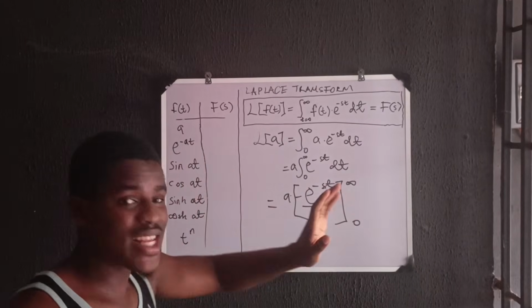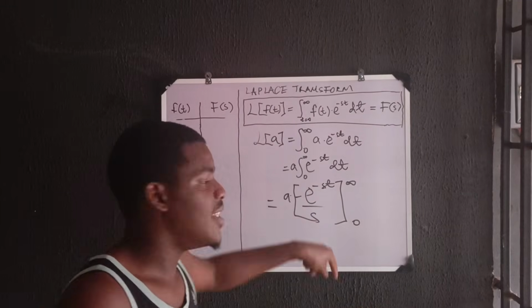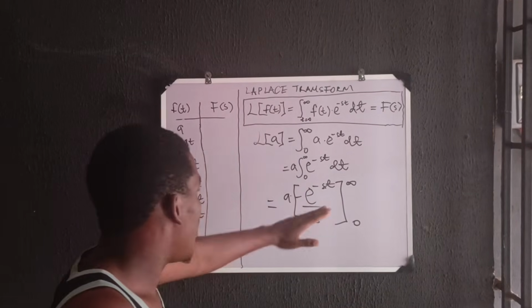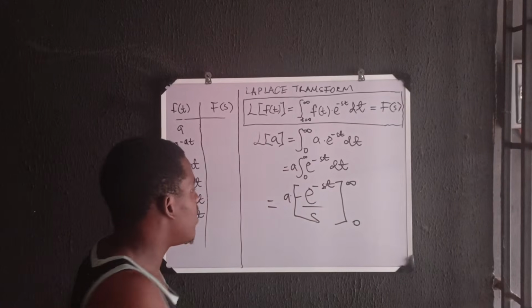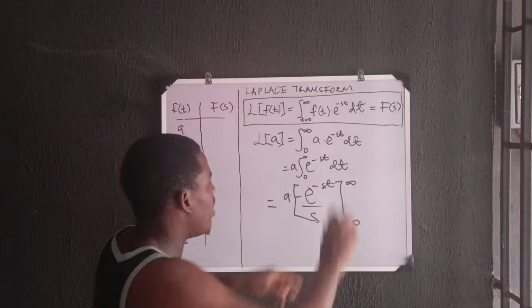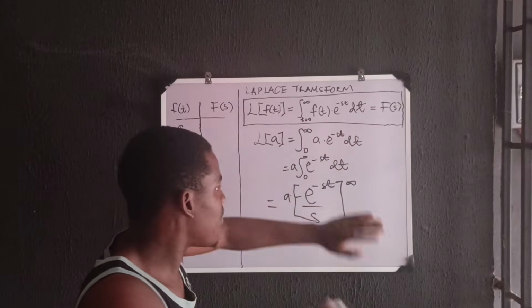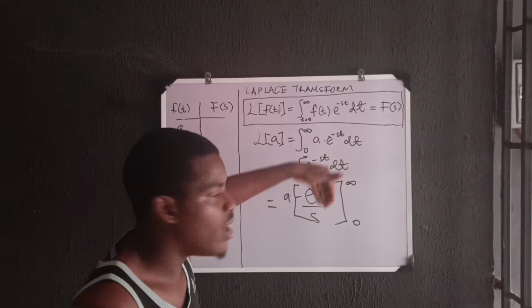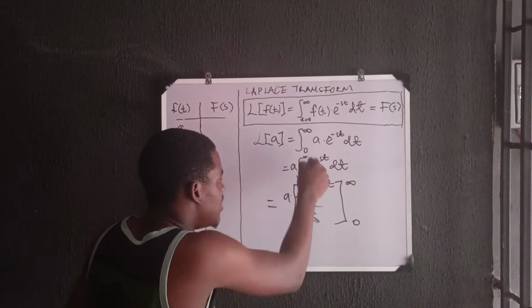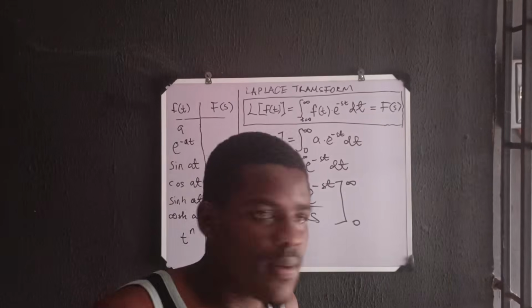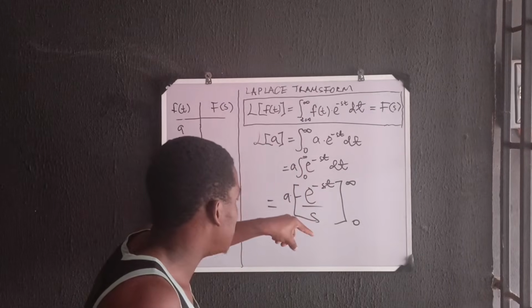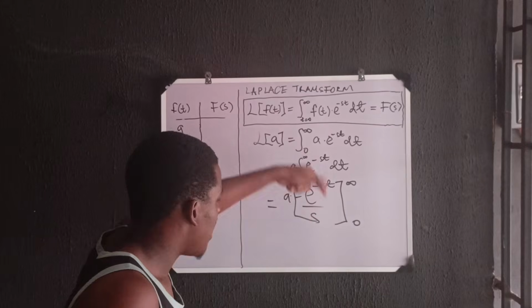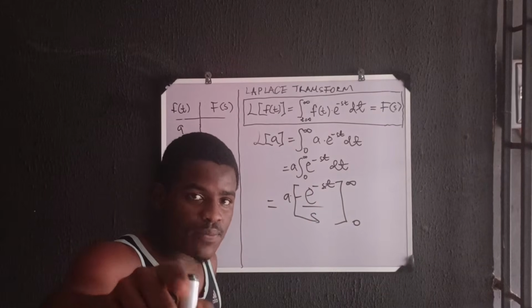What actually came down, not just s, is negative s. Nothing happens to the power, it still stays up there, but whatever is beside t comes down. So negative s came down, and everything became negative.